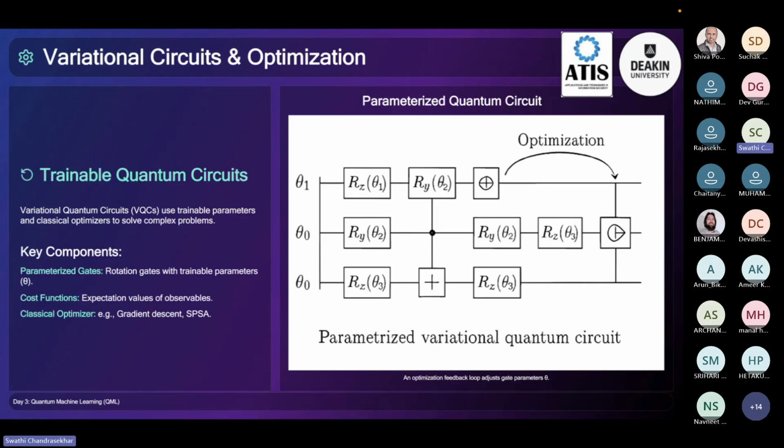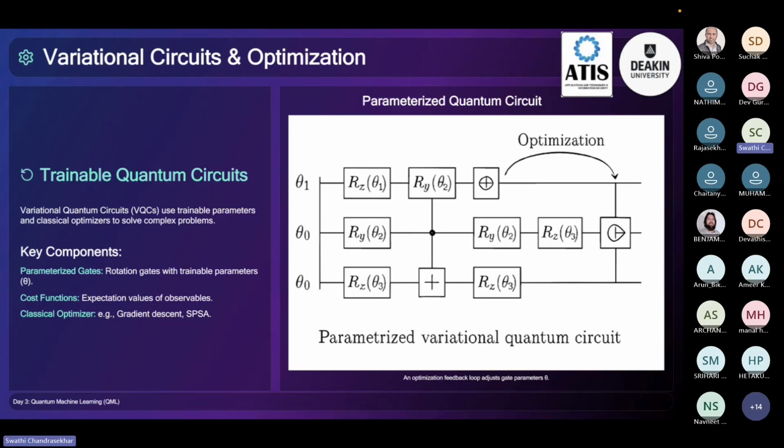In practice, when people say QNN, they almost always mean a variational quantum circuit arranged in layers. It's very similar to what you can see in a classical neural network. In a classical neural network, we have layers of neurons with weights and biases. In a QNN, we have layers of qubits with parameterized gates and entangling gates.